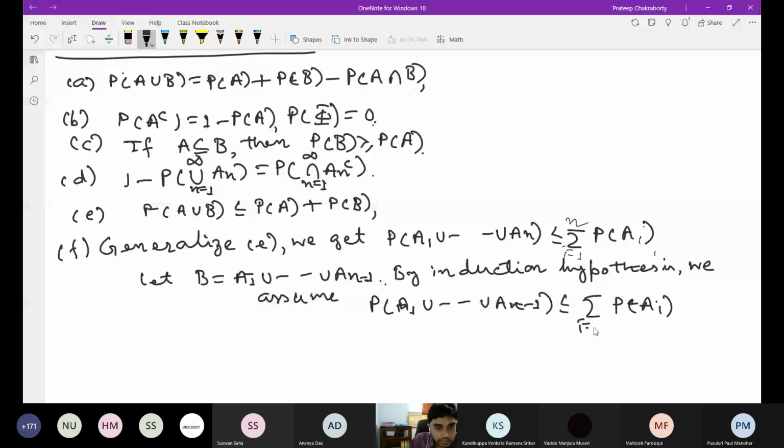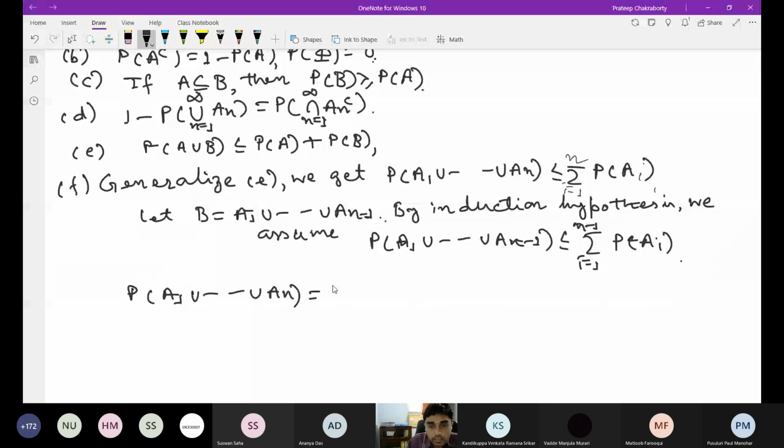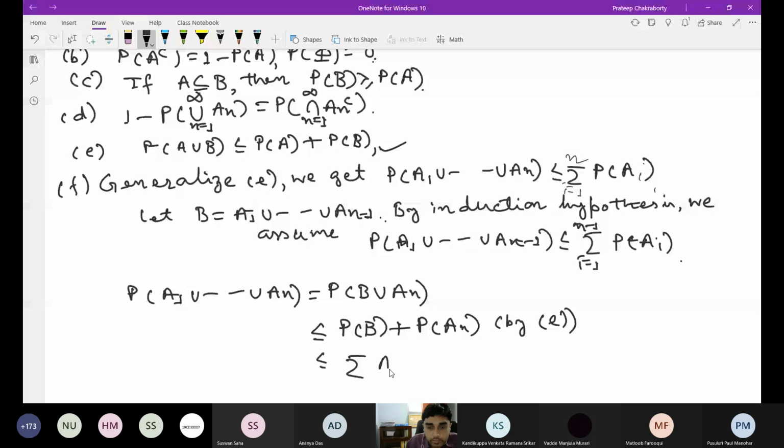Okay, so P A1 union A n is equal to P B union A n. Now this is by E. This equal to PB plus PAN. This is by E. And now PB is less equal to summation P of AI, I equal to 1 to n minus 1 plus PAN.